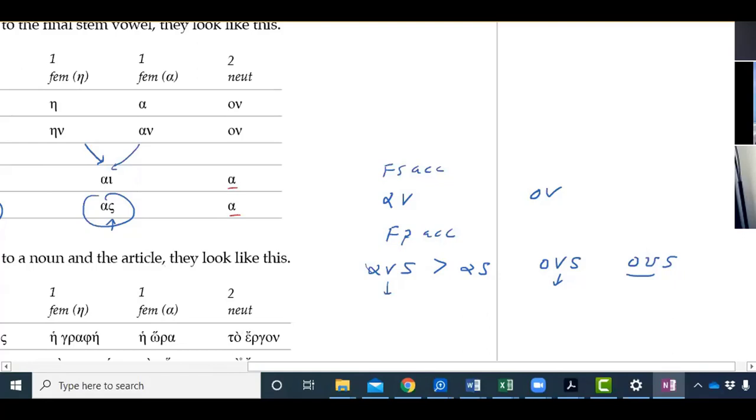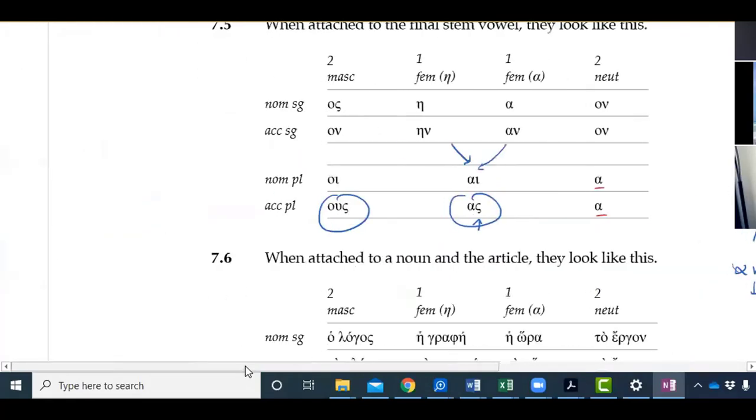So what I want to do is basically point to two things here as a result of this discussion. Number one, Greek is patterned. There's a certain sense of predictability in the pattern. Basically, the masculine and the feminine has a nu in the singular for their accusative case ending, and then you add an S for the plural to the accusative singular.